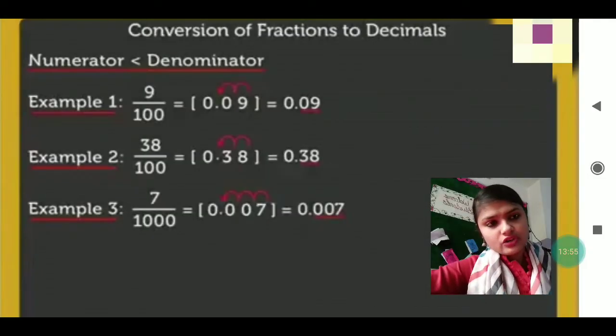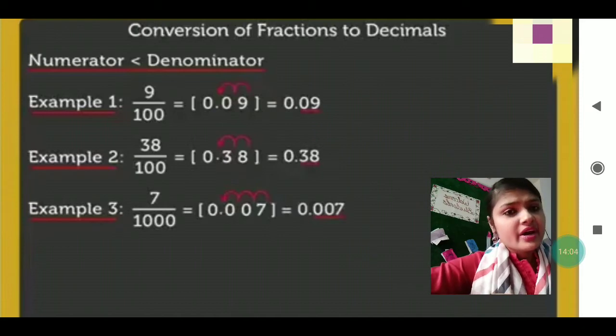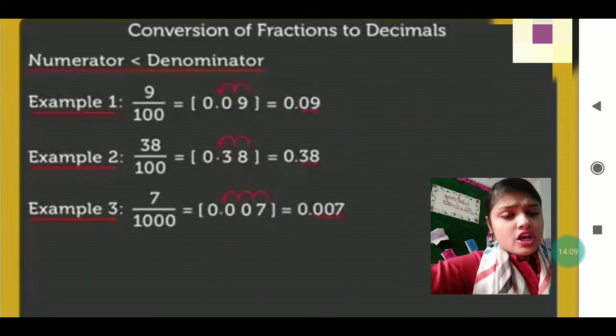Same thing we have done in this question. You can see the numerator is lesser than the denominator; the denominator is greater. It is written 9 by 100, 38 by 100 and 7 by 1000. Look at what I have done.